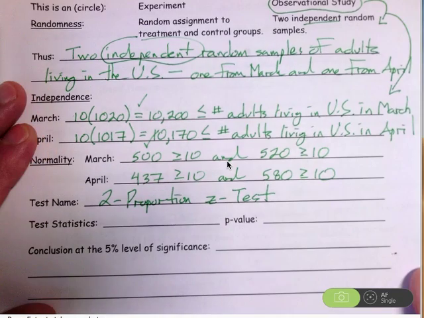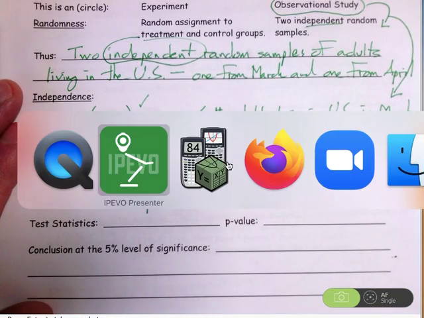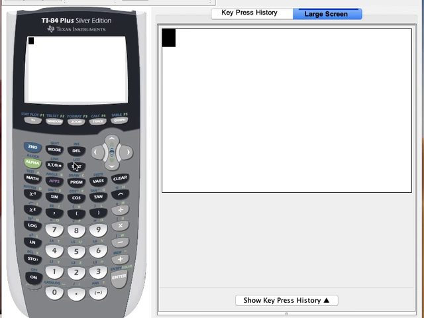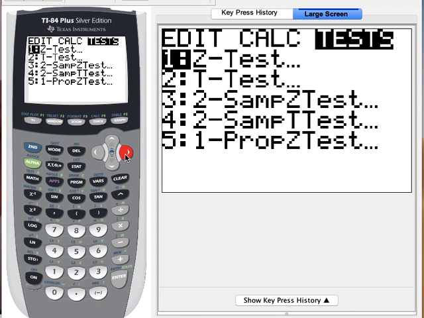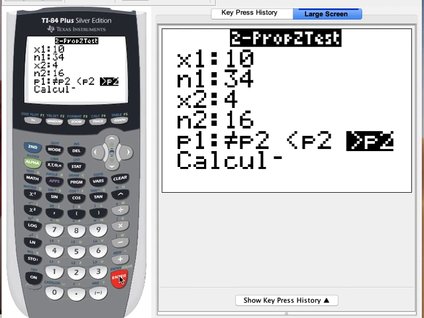So now we just need to come up with our test statistic and our p-value, and this is interpreted like any other test of significance. So it is a two-proportion z-test, so you have to go to find a command that starts with two-prop, and we want z-test.